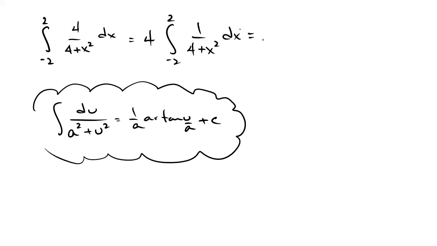Putting it in the context of our problem, we keep that 4 out front. We will go ahead and say 1 over 2 times the arctangent of x over 2, and since this is a definite integral, we will need our limits of integration, which would be from -2 to 2.